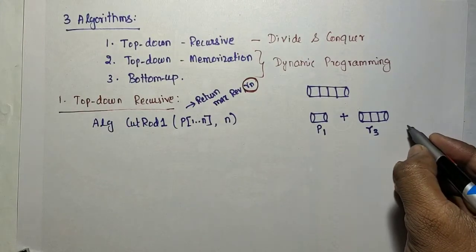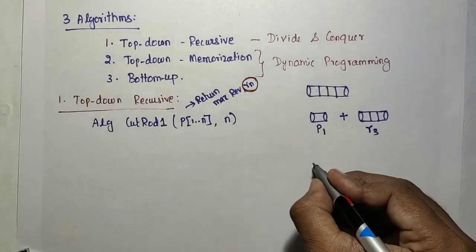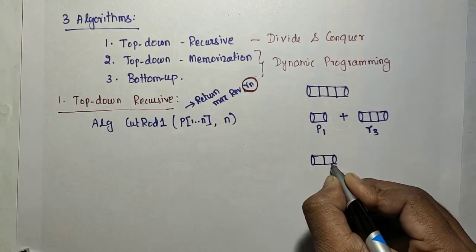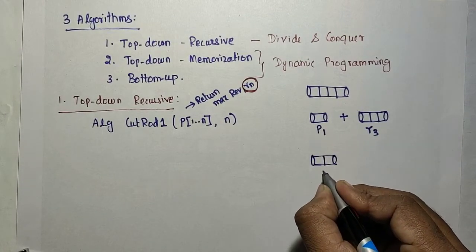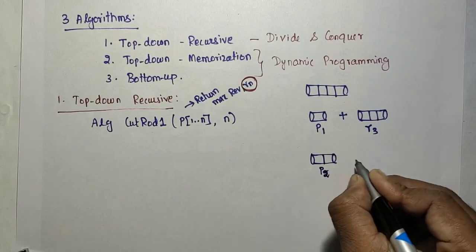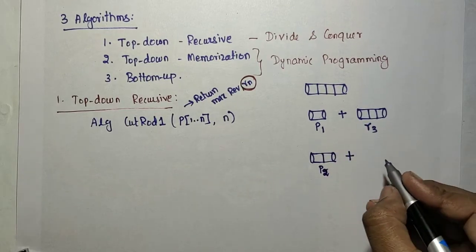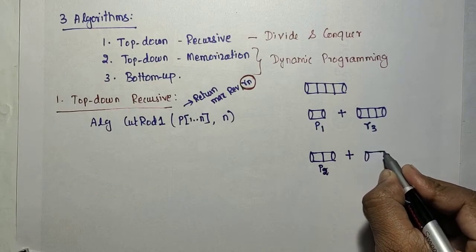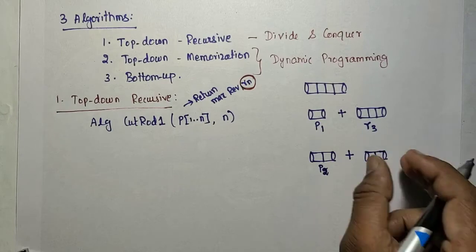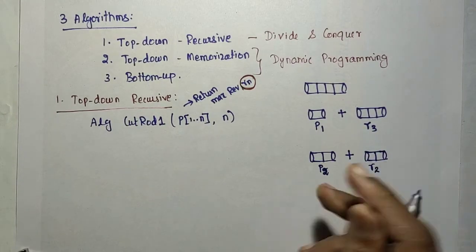Here is one combination, and the second combination is the cut made on the second inch. If you are selling the 2-inch rod as it is, that is the price of the 2-inch rod, P2, plus the remaining 2-inch rod, its maximum revenue. Here we are not going to sell it as it is, we are going to find the maximum revenue for the second piece, that means R2. So what is the value?